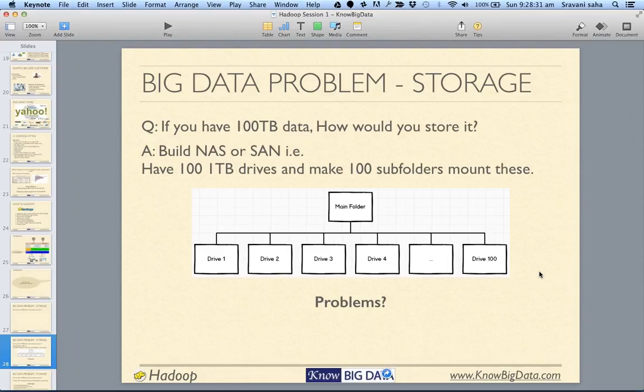That's a very valid point. But let's assume that this is the form of replication I have provided to you. Do you think there is going to be any problem with it? Problem with this kind of architecture? Anyone?